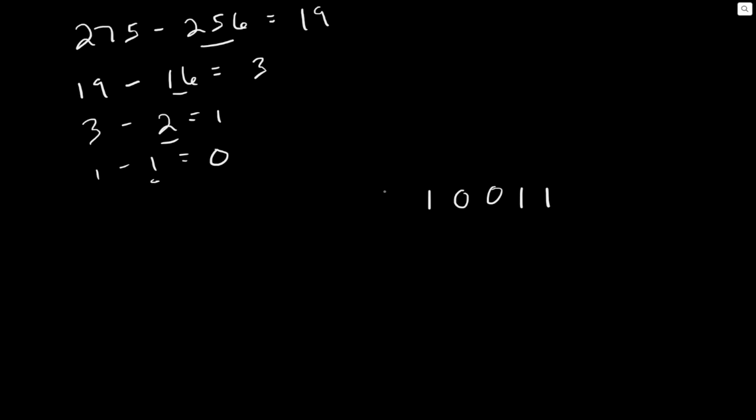Next comes 32. Nope. 64. Nope. 128? Nope. 256? Yes. And that was where we started. And there you have it. 100010011 in binary equals 275 in decimal.